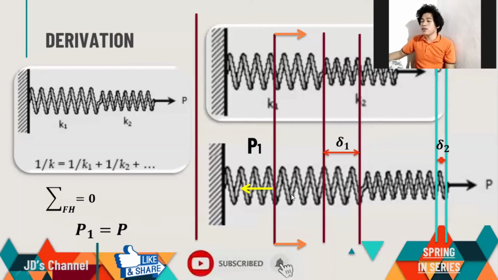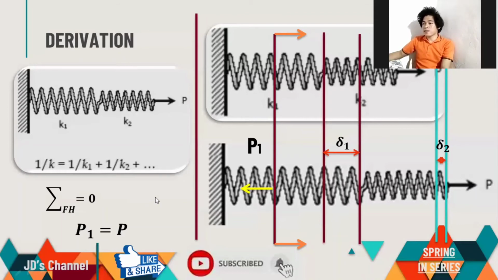So in order to be in equilibrium yung ating body, yung ating spring, produce siya ng resistance, which is what we call P1 doon sa paghila ng force P. So ngayon, para mag-determine ang kanyang value, mag-summation tayo ng forces horizontal. So mangyayari lang ngayong class is yan. So left and right. So mangyayari, P1 is equals to the value of P.